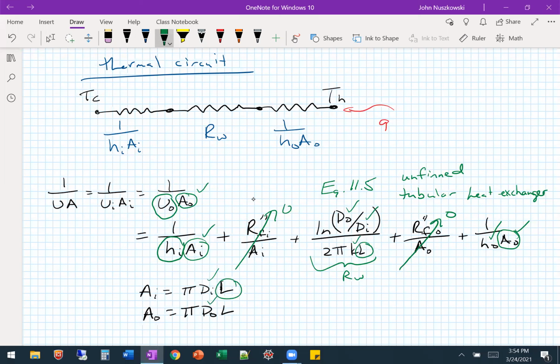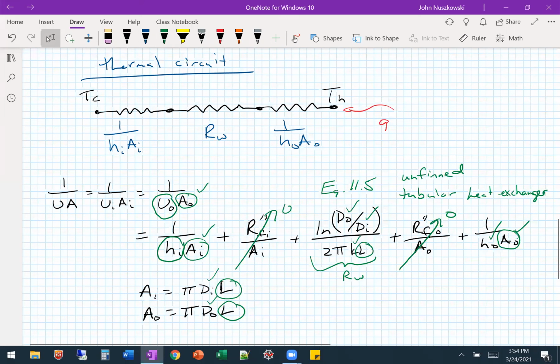We have the diameters, we don't have L. Any ideas? Can we multiply it out?